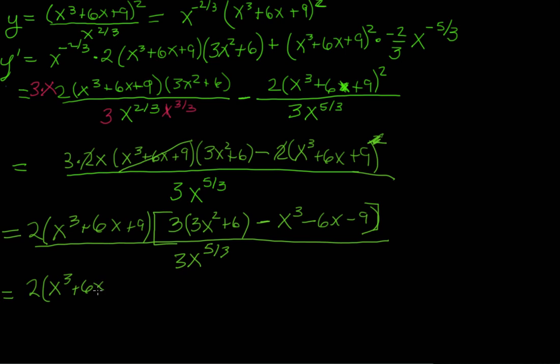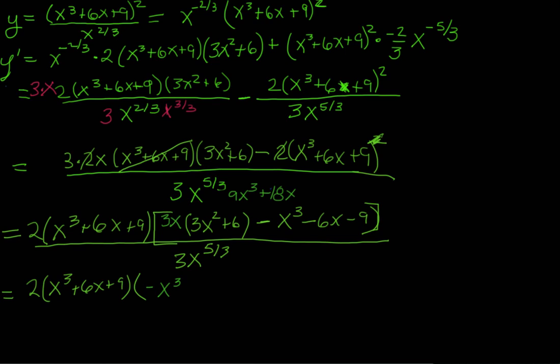Over here, this piece here will become 9x squared plus 18. Backtrack. I also forgot this x here, and so this is actually a 3x. And so 9x squared plus 18 is actually going to become 9x cubed plus 18x.